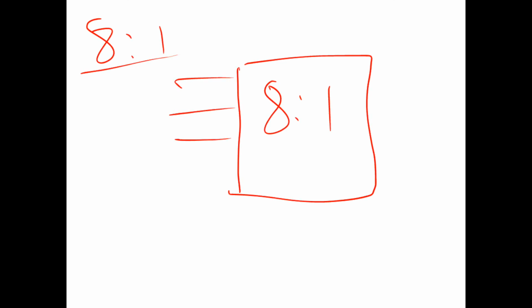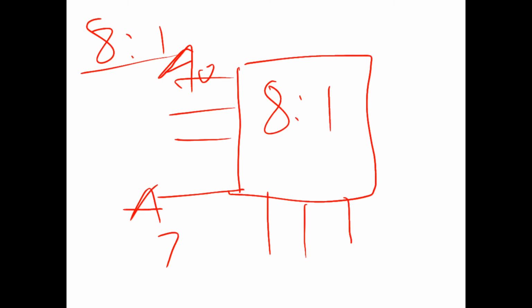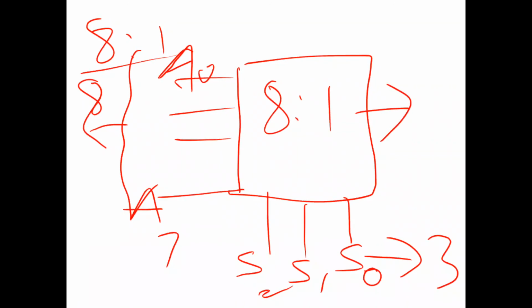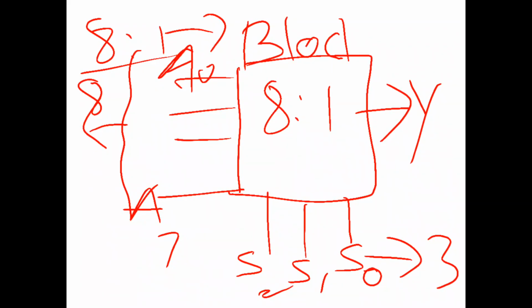So we will have inputs A0 up to A7 and 3 select lines, let us say S0, S1 and S2. 8 input lines here and 3 select lines there, and finally the Y. So this is the block diagram of 8 by 1.